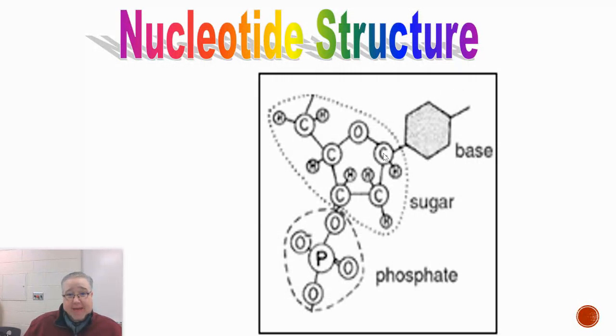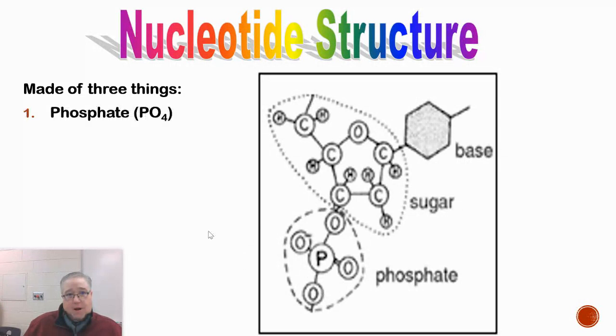Now, also reviewing this, when it comes to a nucleotide, one of the things that I want you to know is the chemical structure of it. All right, every nucleotide, and there are some different types, which we'll talk about in a minute, but they all have the same three general components.